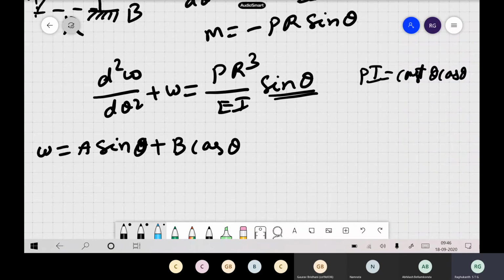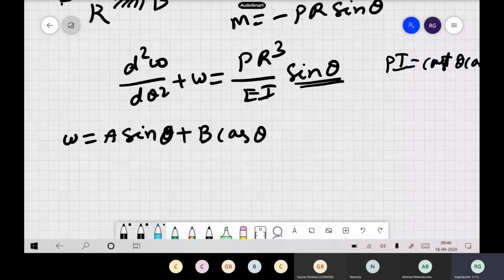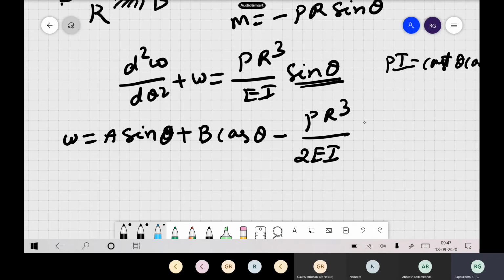You can find this in mathematical textbooks. The particular integral for this problem is PR cube by 2EI, theta times cos theta. This is the one which satisfies our equation, so this is our solution.